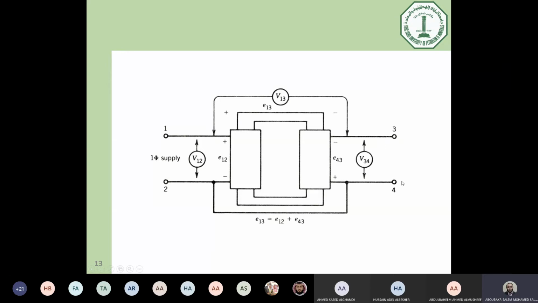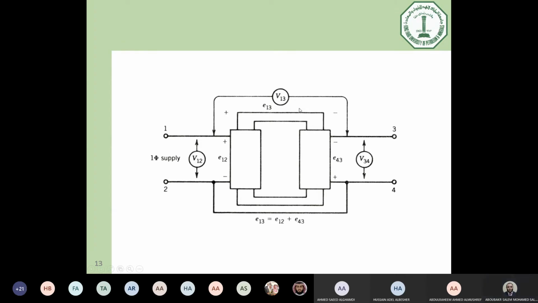If we connect terminal number 2 to terminal number 4 and use 3 voltmeters, as you can see, one voltmeter at the supply side of the primary winding, another at the output side of the secondary winding, and another voltmeter between terminals 1 and 3.